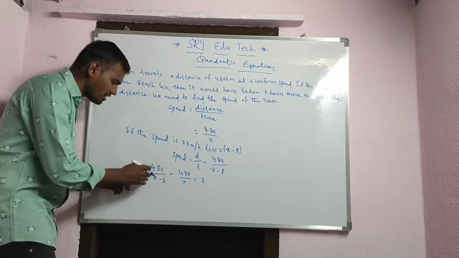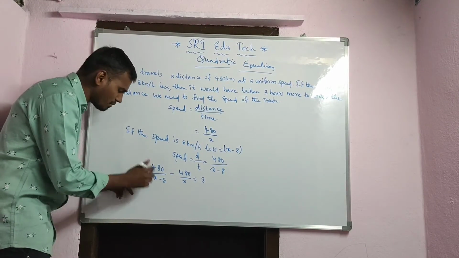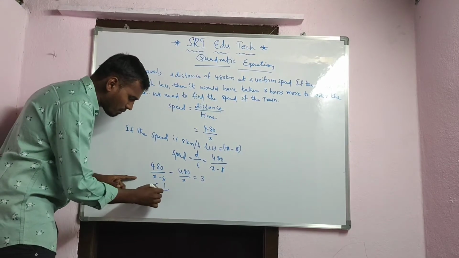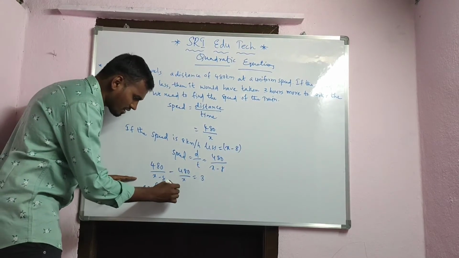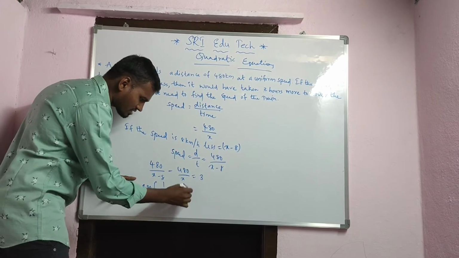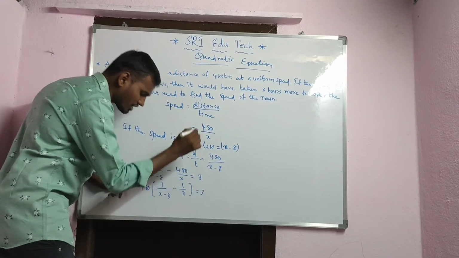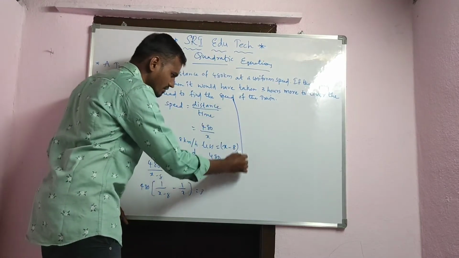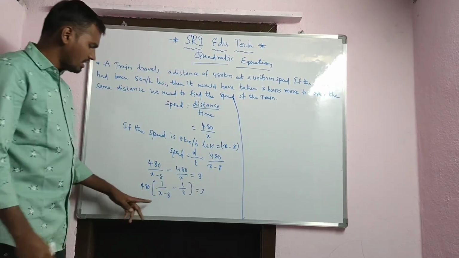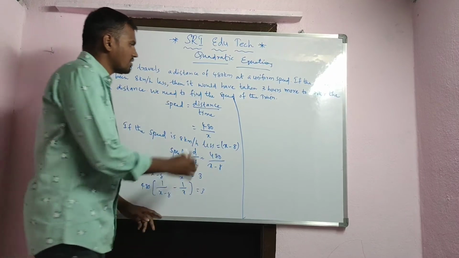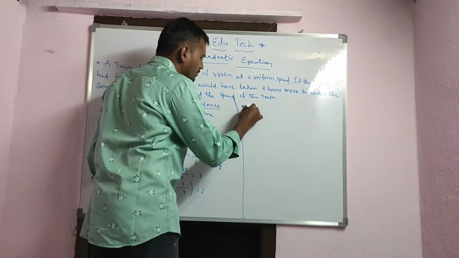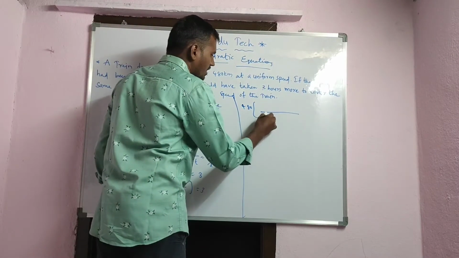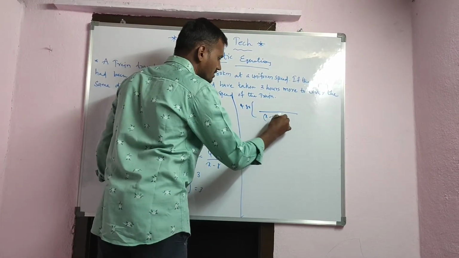Then I am taking 480 common here: 1 by x minus 8 minus 1 by x is equal to 3. Here the LCM is x minus 8 into x only.